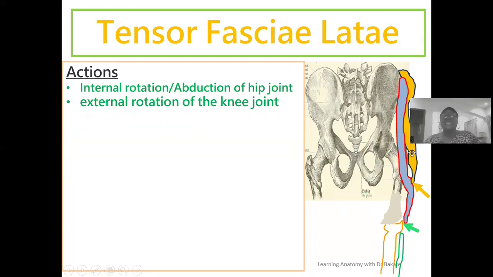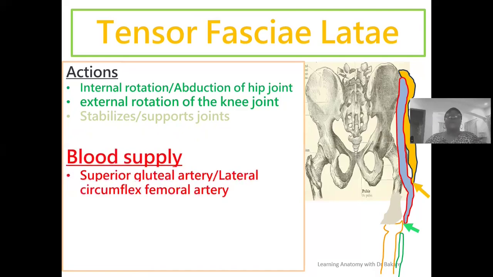So this muscle, the tensor fascia lata, will also exert effect across the knee joint, through the iliotibial tract that it is inserted upon. So it exerts external rotation of the knee joint. It is also seen to help stabilize and support the joint around this region.